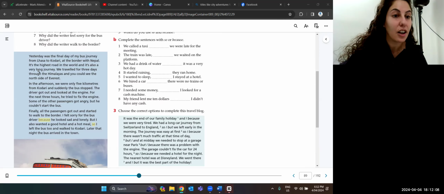It's a very long journey. Another adjective is sad and lonely. They're adjectives to talk about when someone looks sad or someone looks lonely. Okay, so those are adjectives that we used that you could see in the writing.